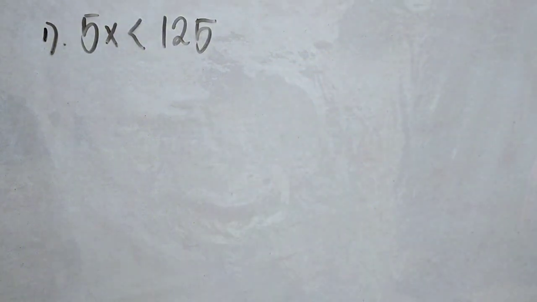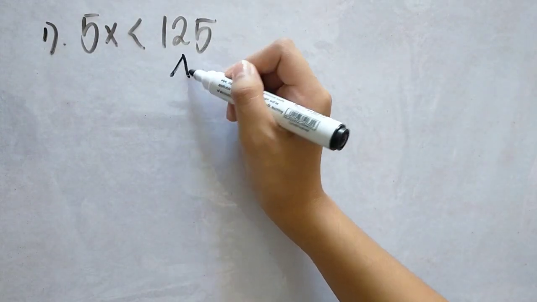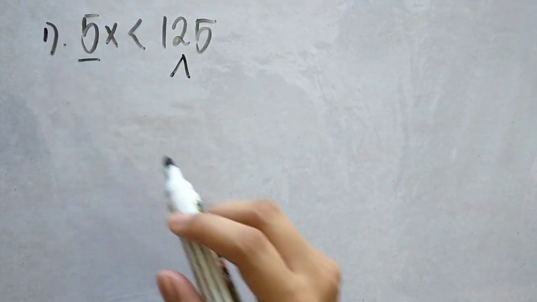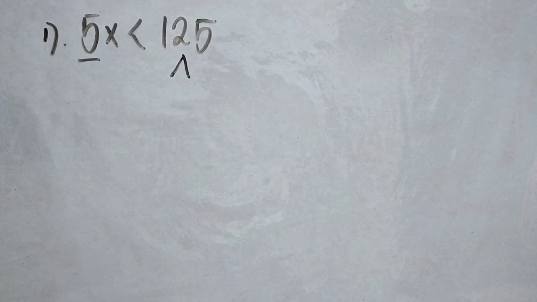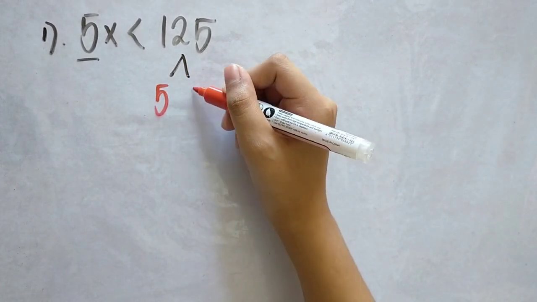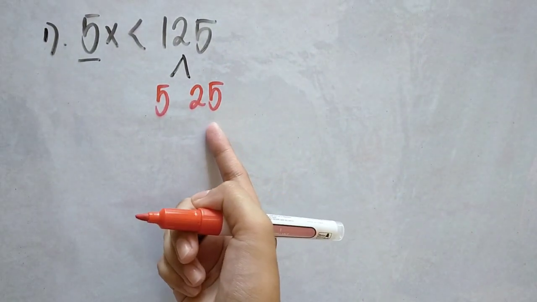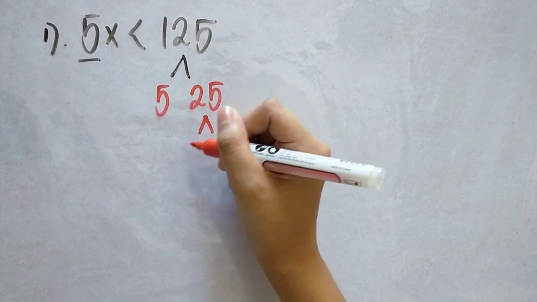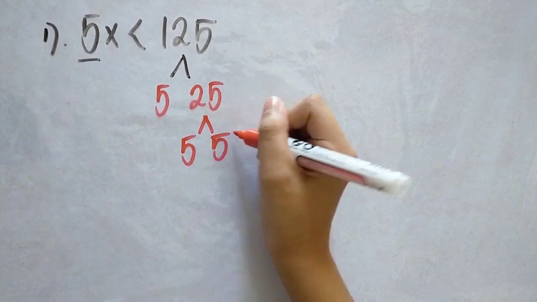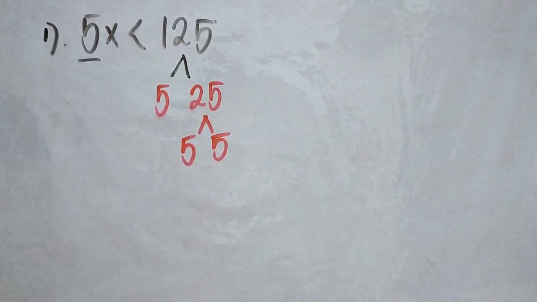Now, gaya ng first step na ginawa natin sa exponential equality, hanapin lang natin yung factor ng pinakamalaki para maging same na sila nito. So, one of the factors of 125 is 5 and 25. Ngayon, since pwede pa nating i-factor yung 25 by multiplying 5 and 5, lalagay natin siya sa baba.